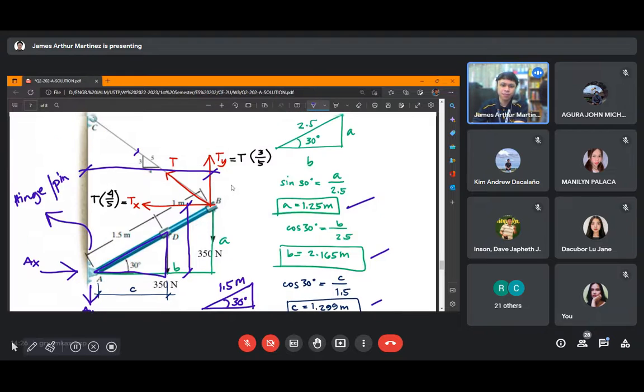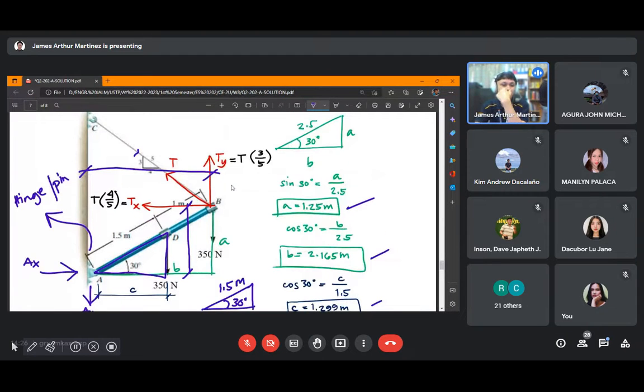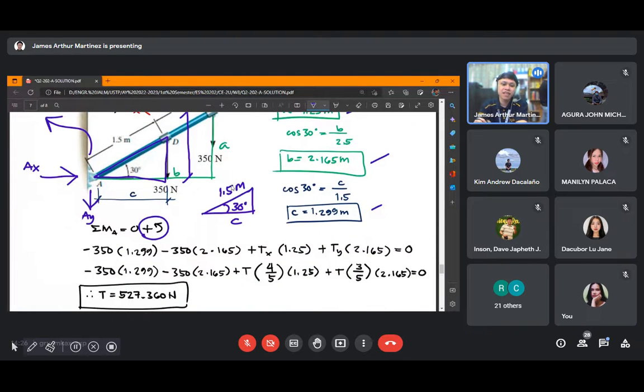Okay? So, proceeding by taking moment at point A equal to 0, having counterclockwise as positive, we will obtain T eventually. So you have here negative 350 times 1.299. This is the 350 from earlier, because the 350 with respect to point A will cause a clockwise rotation, right?